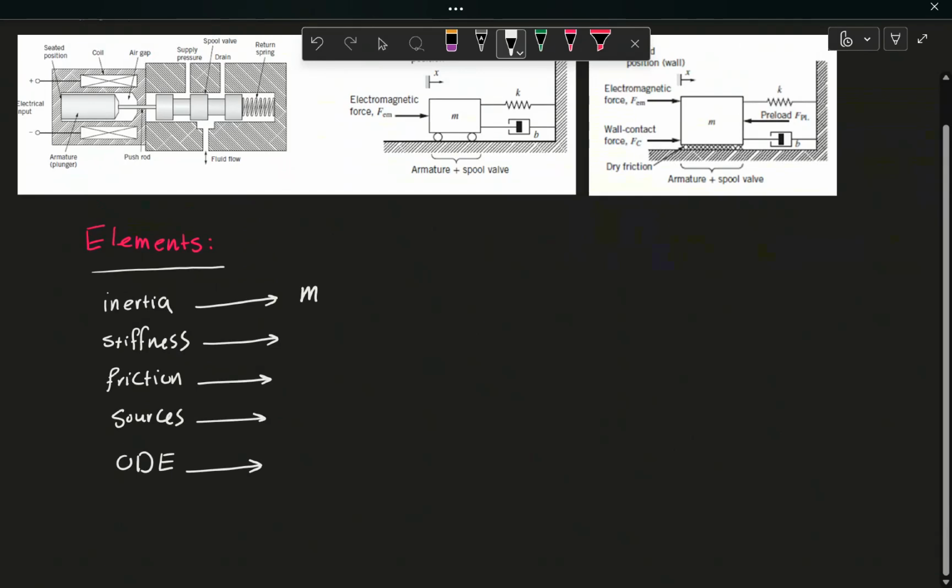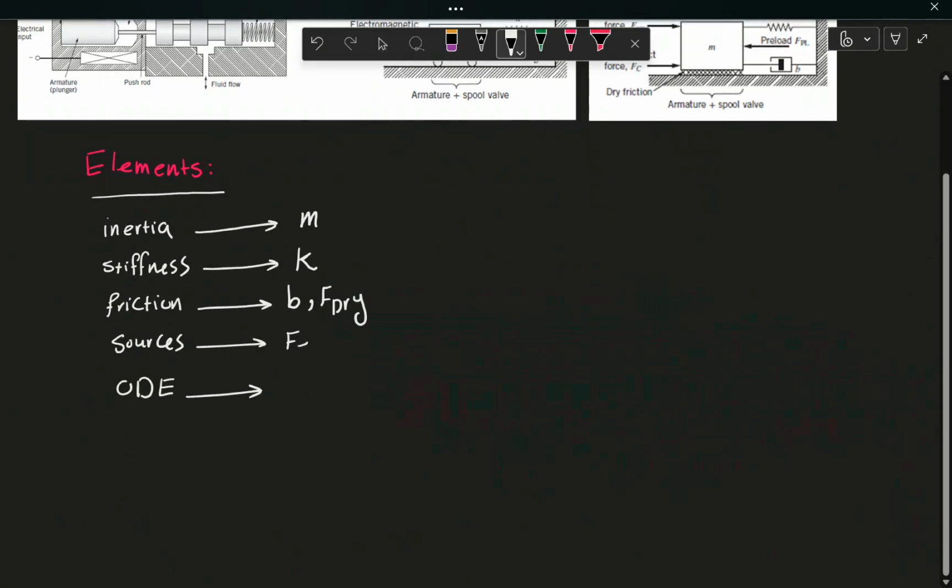It's going to be the mass. I have only one mass. My stiffness element is the return spring. I have two friction elements, the viscous damper and also the dry friction. My sources in this problem are basically F_EM and F_preload. And the number of ODEs is still 1, because naively speaking, I have only one inertia element or one mass.